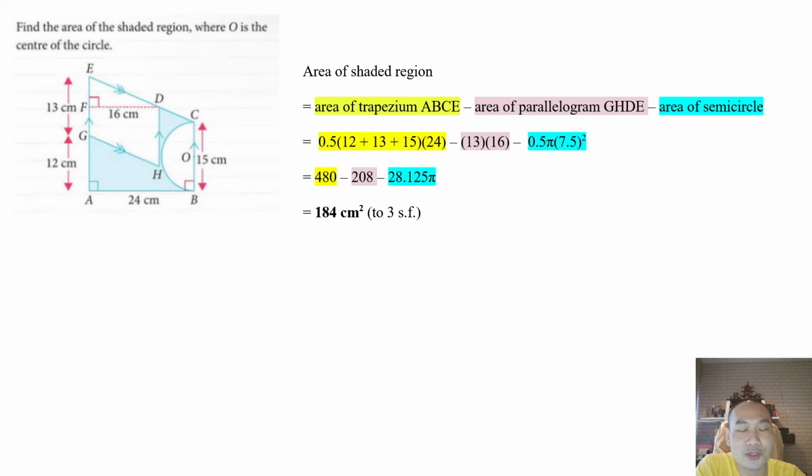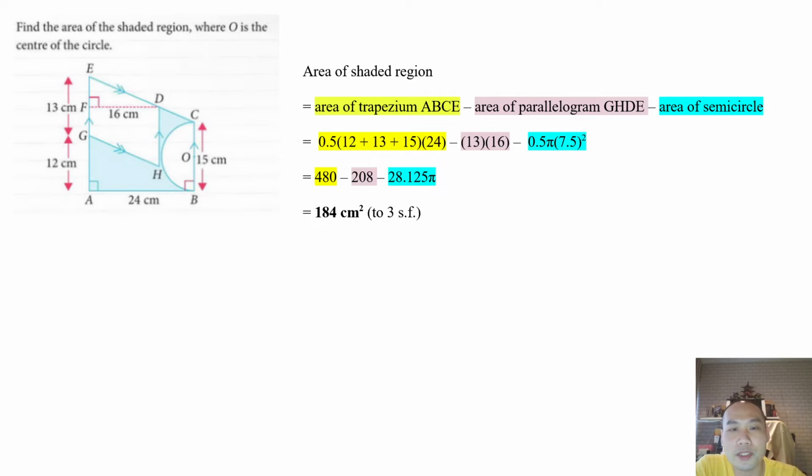It's divide and conquer. To help you visualize, I color coded it. The area of the trapezium is the portion highlighted in yellow, the area of the parallelogram is in pink, and the area of the semicircle is in blue.